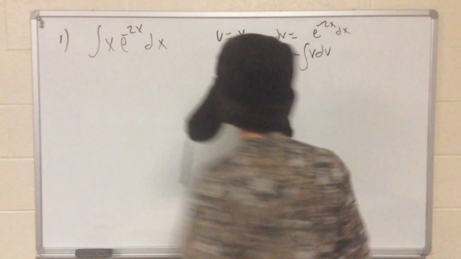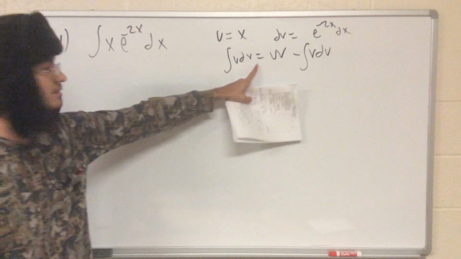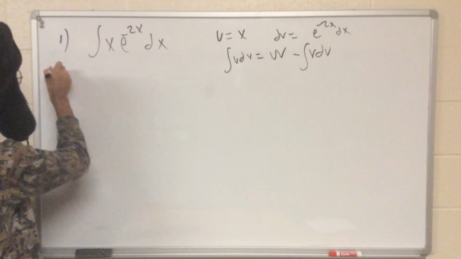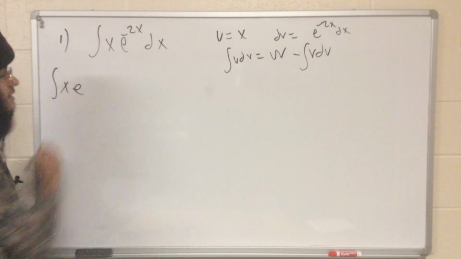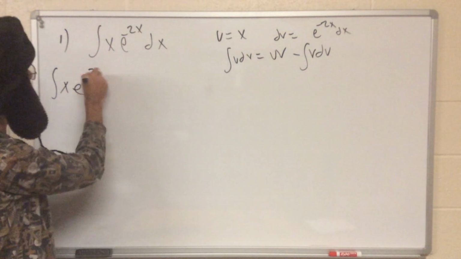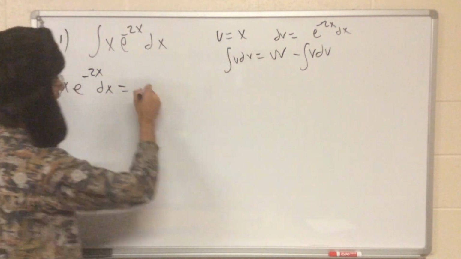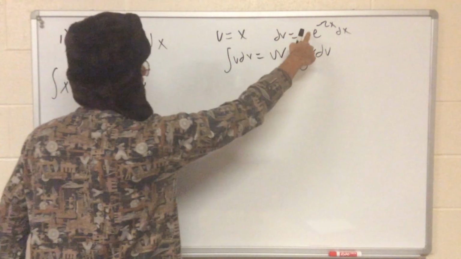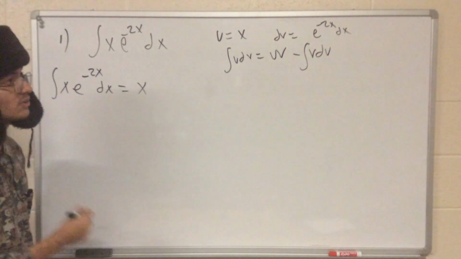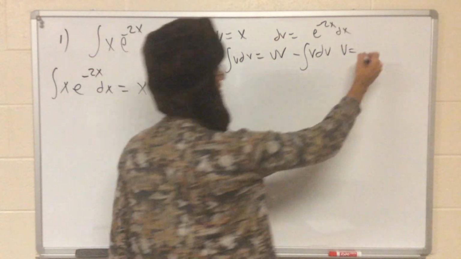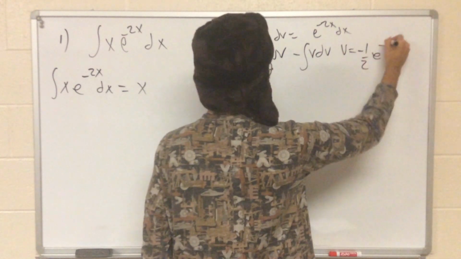Okay, so let's go ahead and do that. So we're going to multiply u times v. So we have the integral of x times e to the negative 2x dx equals u, which is x, times v, which is this integrated. The integral of e to the negative 2x in this case will be minus a half e to the negative 2x.